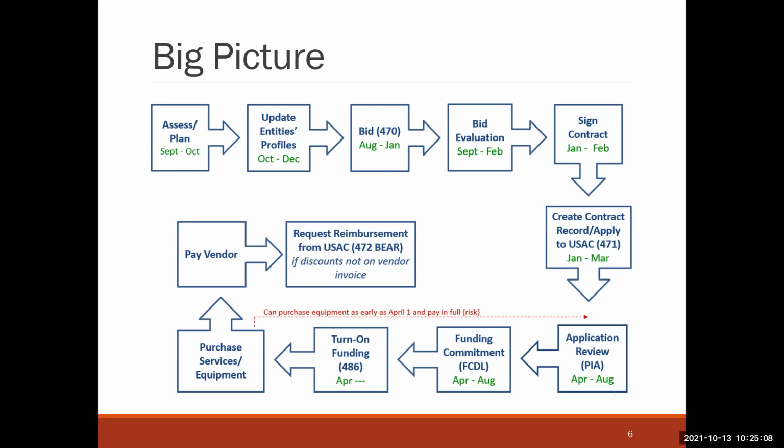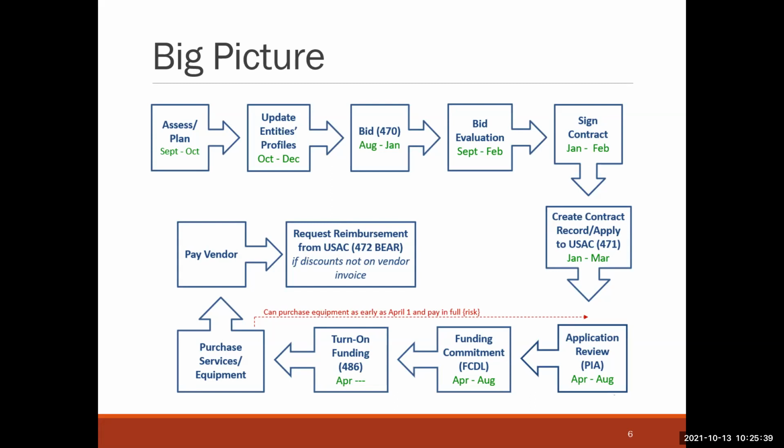If you want to enter into a multi-year arrangement for service, then you absolutely need a contract to be signed. So we'll talk at a later time and place about contracts and all of those details. But again, you can see, kind of backing up from the deadline, that there's a number of steps that need to be considered when creating your timeline for applying for E-rate.